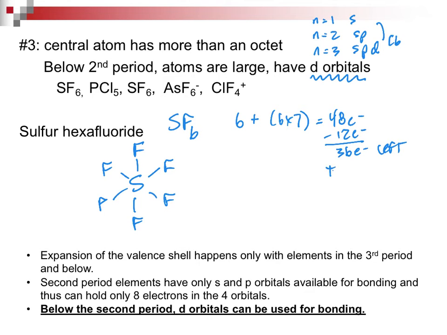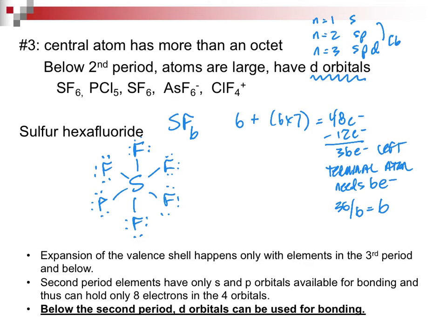Now I'll point something out. If I have a terminal atom, in order to complete its octet, it needs 6 electrons. If I do 36 divided by 6, I get the number 6. So I'm going to be using up each and every one of those leftover electrons, putting them around the fluorine atoms. Takes a while to draw, but there they all are.